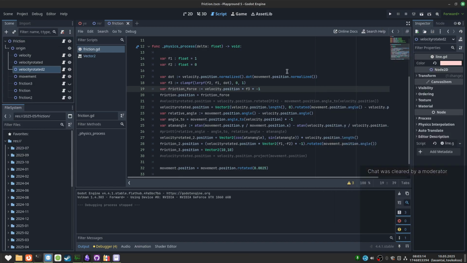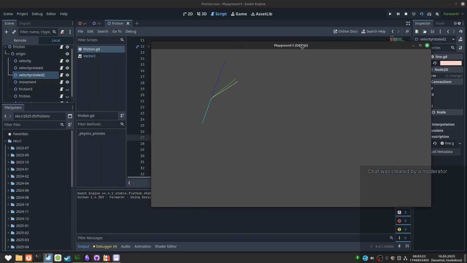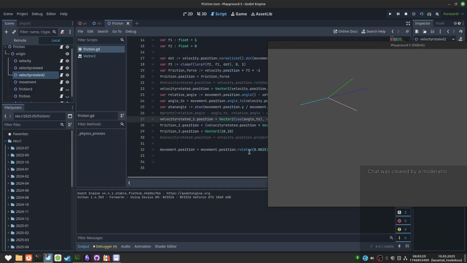I shouldn't be using the 8 angle. I should be using this, for example. I think this one works. I'm gonna make the rotation a bit faster.